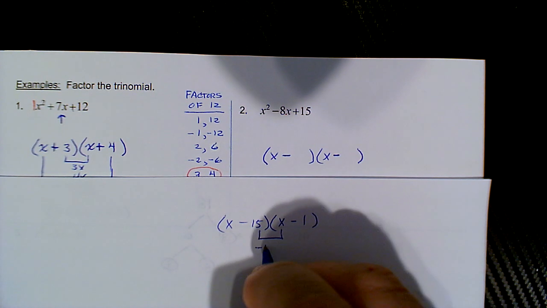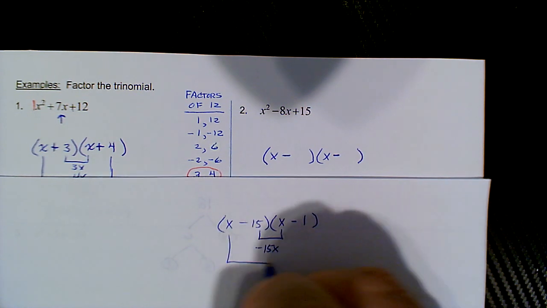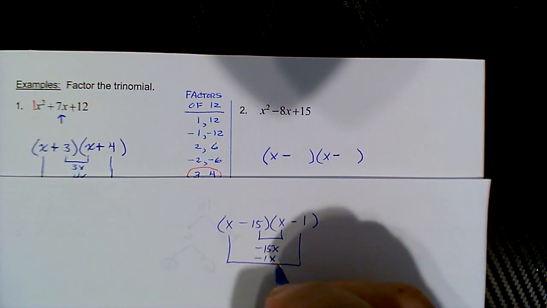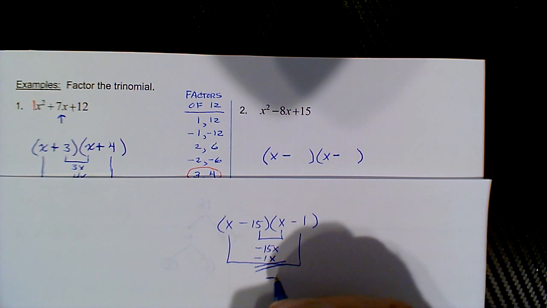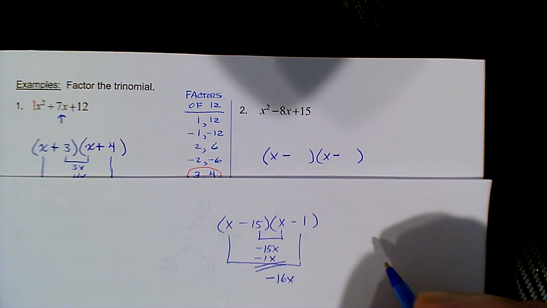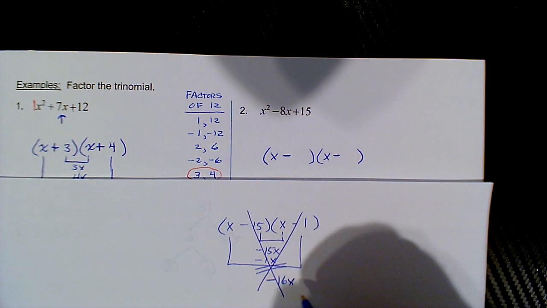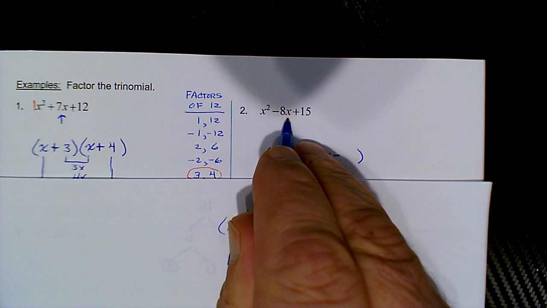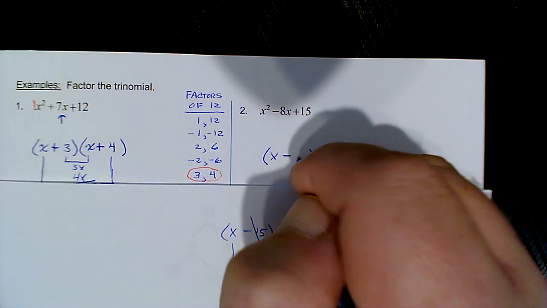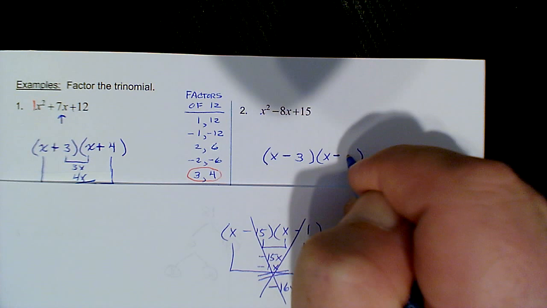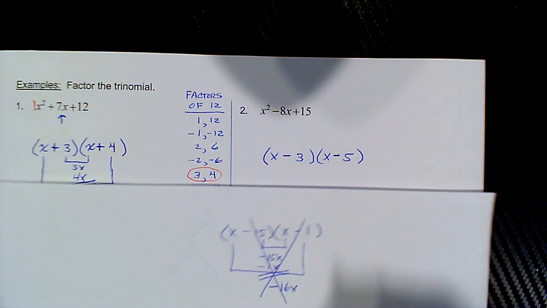If I check the inner, that's negative 15x. If I check the outer, that's negative 1x. They combine to give negative 16x, which is wrong. We don't want negative 16, we want negative 8. So therefore, 3 and 5, and it doesn't matter the order, you could put 5 and 3.